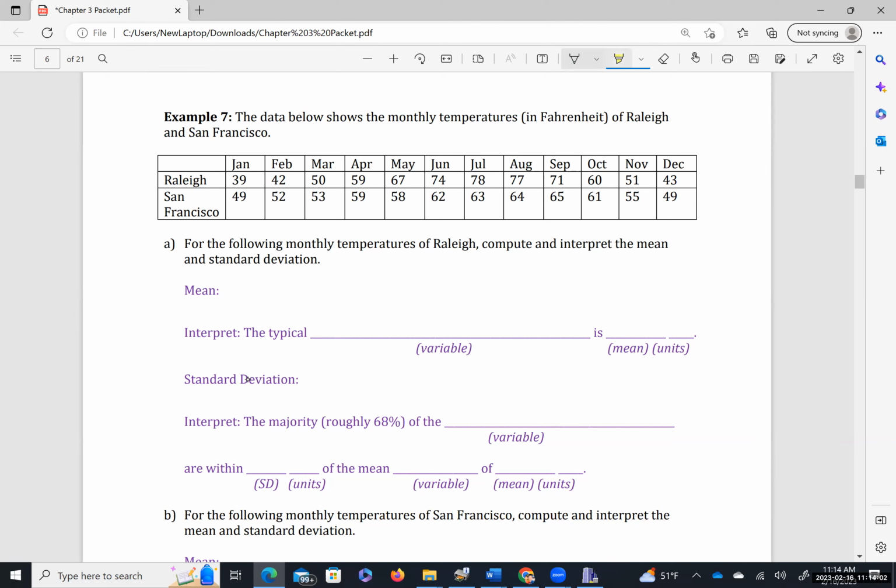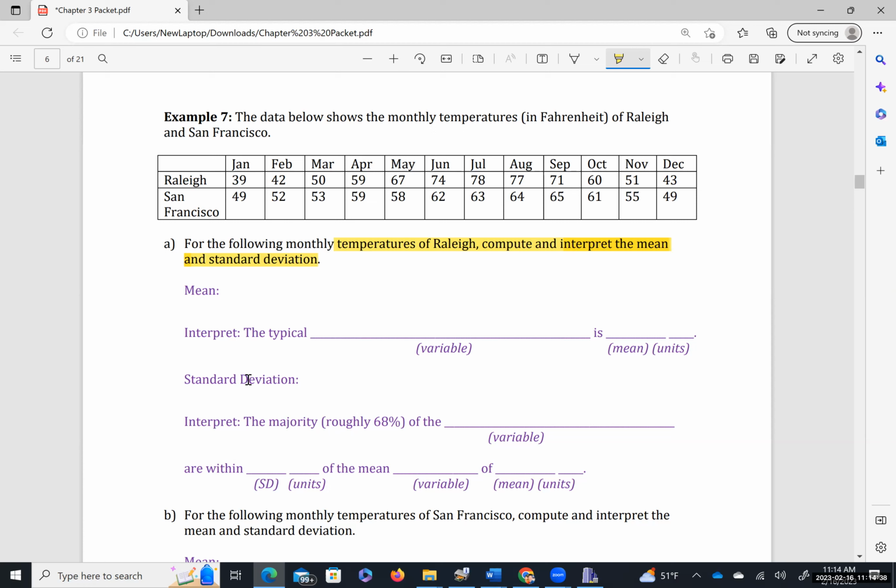Okay, so what's the question? For the following monthly temperature of Raleigh, compute and interpret the mean and standard deviation. All right. So keep in mind that we just focus on the Raleigh temperature only. Okay.